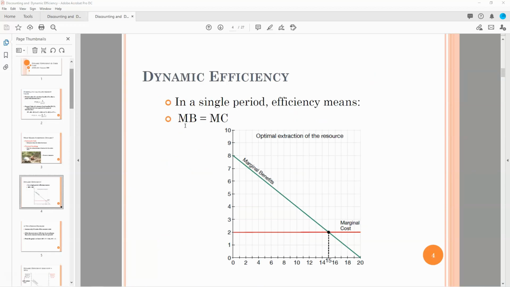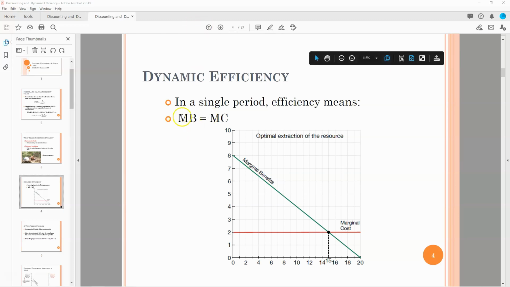Then we talked about dynamic efficiency. Remember, in a single period, the condition for efficiency is very simple. We just need to let the marginal benefit equal the marginal cost. Then the net difference between total benefits and total cost is maximized.